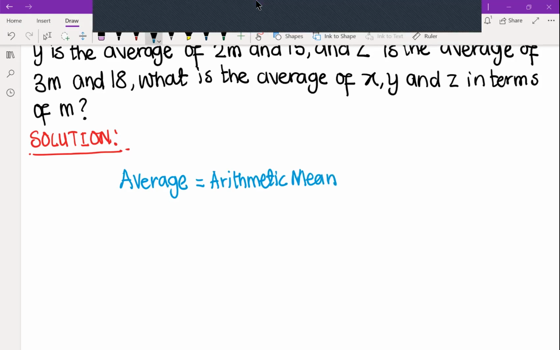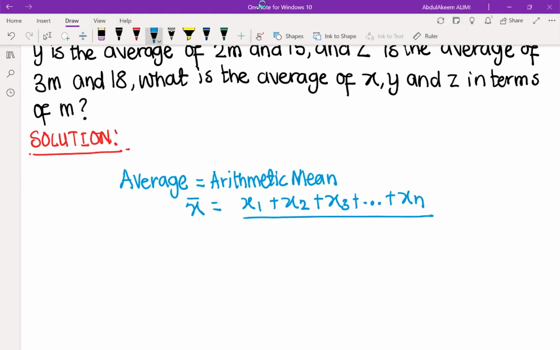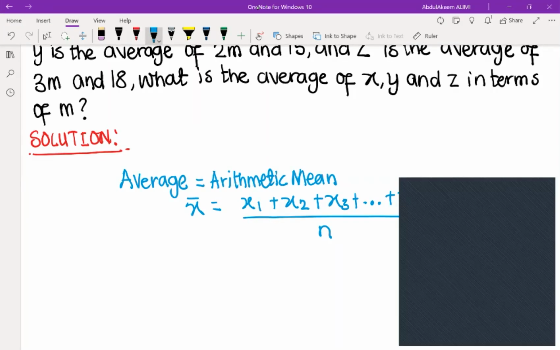The arithmetic mean is always denoted by x-bar equals x1 plus x2 plus x3 plus dot dot dot plus xn, everything divided by n. That is how to get the arithmetic mean.